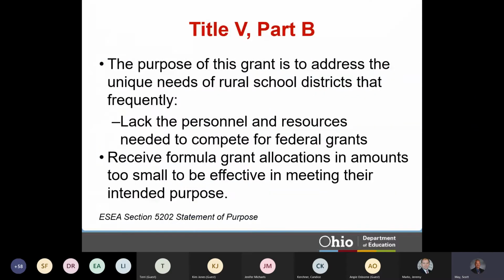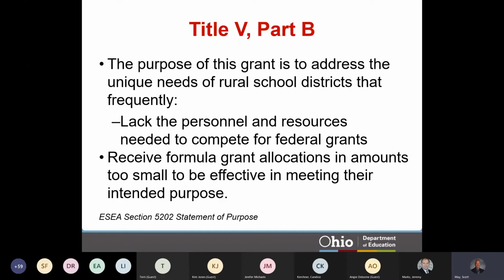Title V. The purpose of this grant is to address the unique needs of rural school districts that frequently lack the personnel or resources, and they receive formula grant allocations in amounts that are too small for effectively meeting the intent and purpose. I usually refer to Title V as the booster shot because it takes on the characteristics of Titles I, II, III, and IV, and it just gives you that boost, puts you over the top and gives you a little bit of extra federal funds.